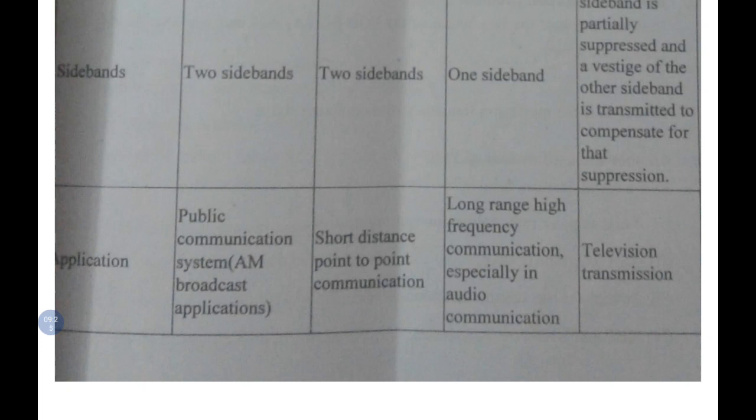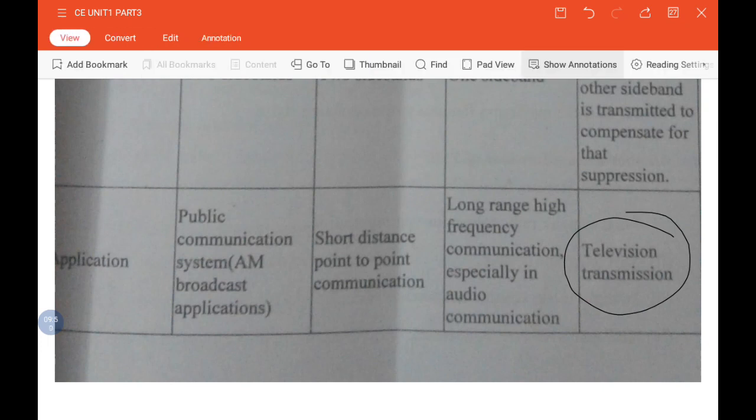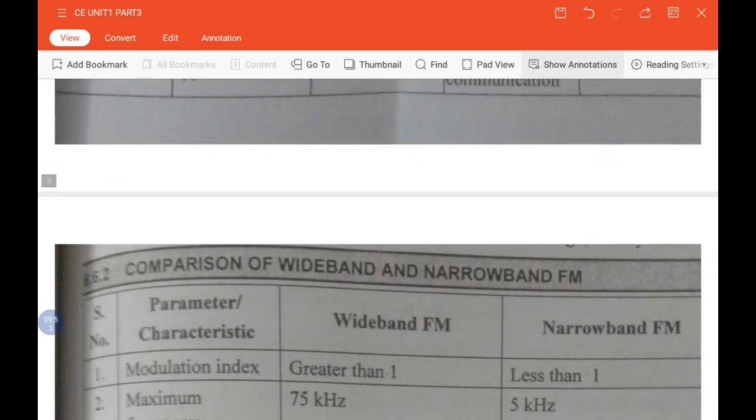SSB is highly useful for audio communication, that is long range high frequency communication. And finally VSB is mainly used in television transmission. So this is a very important application based comparison, because they may ask some questions like this.